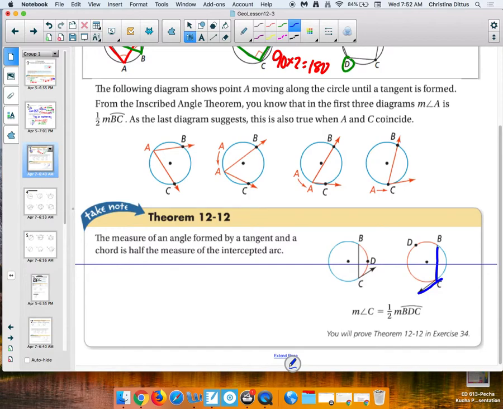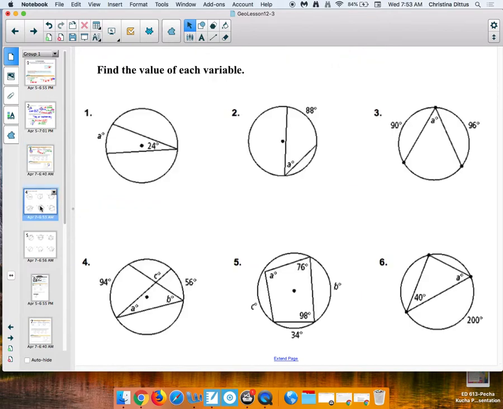So that literally looks like what we just did. If I have this arc, to find this angle, I'm just going to half it. These should be pretty quick, pretty simple.